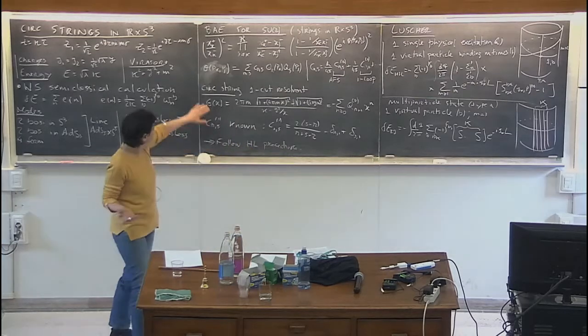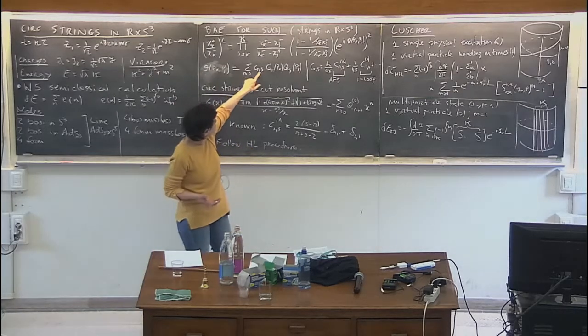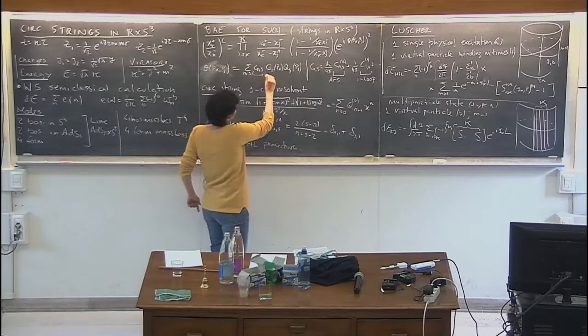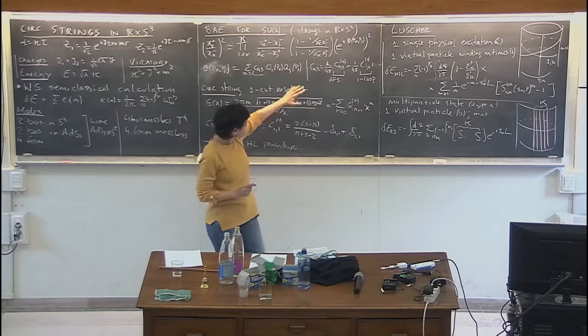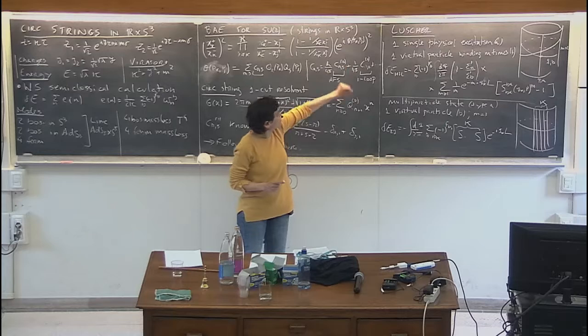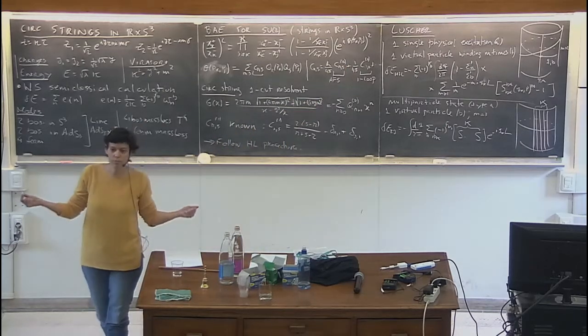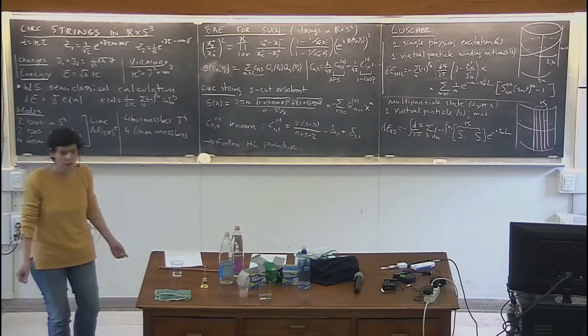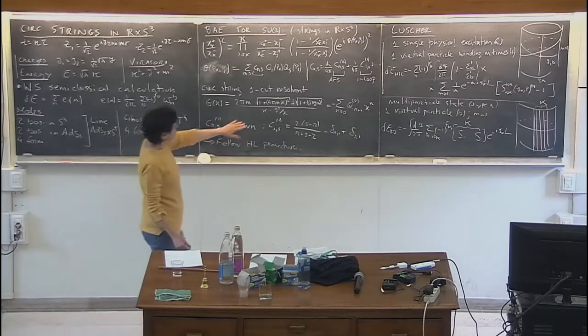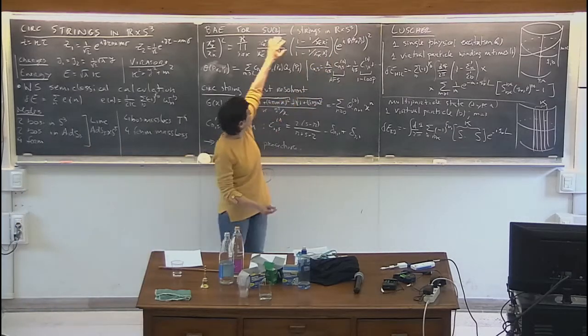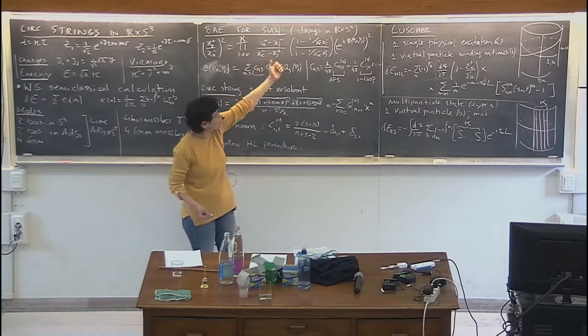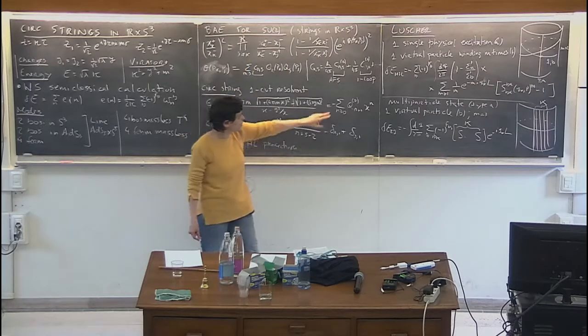I've written the dressing phase with the coefficient c_rs times the charges. Of course, the classical component is just the AFS, because we're talking about strings in R cross S3, so we would expect the AFS. This is the massive sector because it's the SU(2) massive sector of the theory.